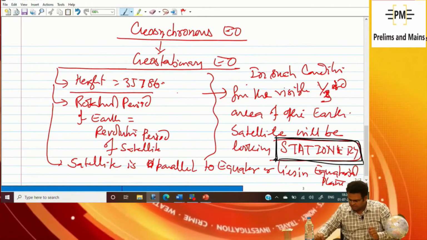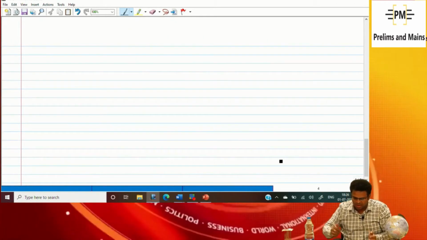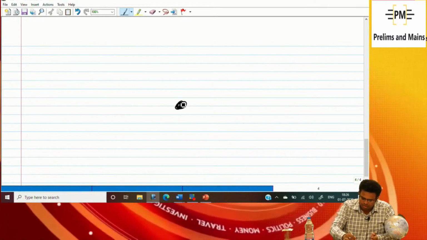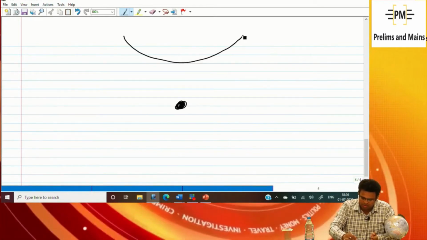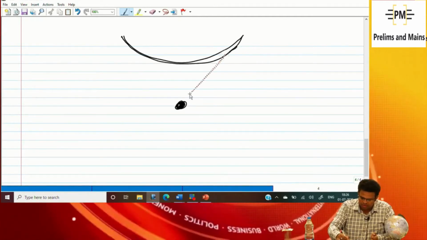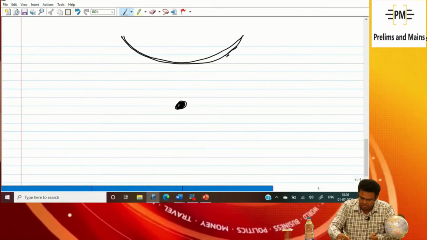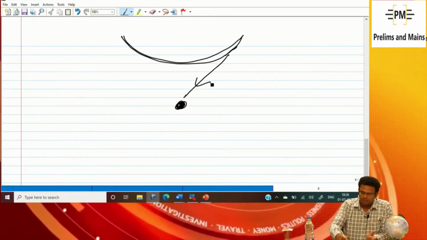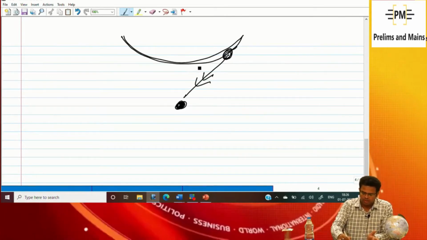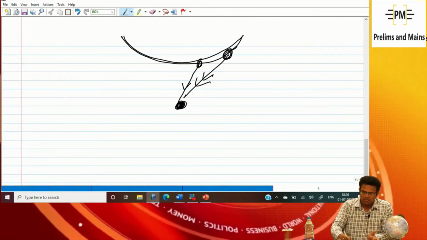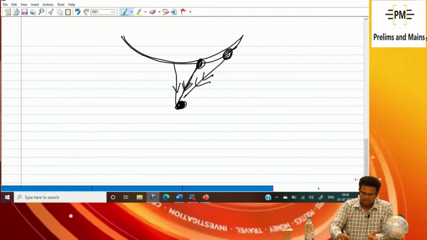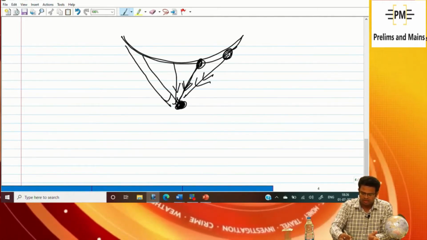The same concept is here. Suppose you are here and the earth is like this, this is the equator, and from here it is always fixed. From there you can always see the same position, and any point on the earth will always be in the same direction.